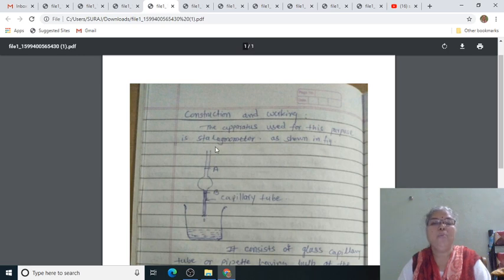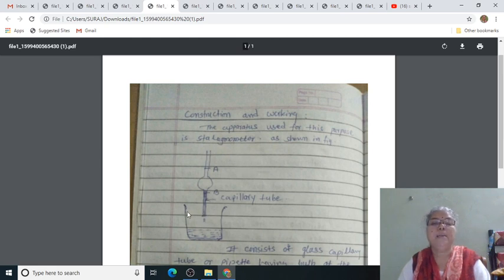A known volume of liquid is taken from this wide end of the stalagmometer into this bulb. Then it is fixed to a support or a stand, and the number of drops which are formed by passing this liquid from this point A to B are measured.